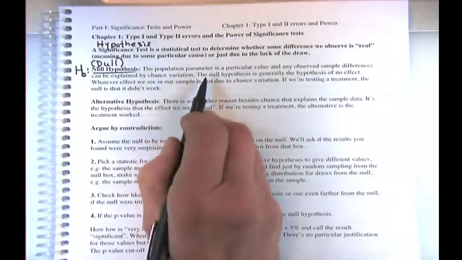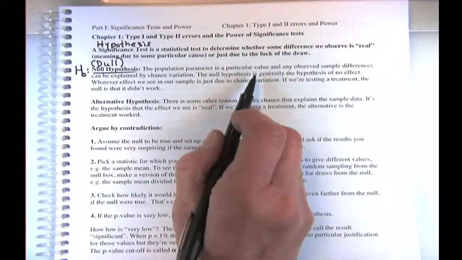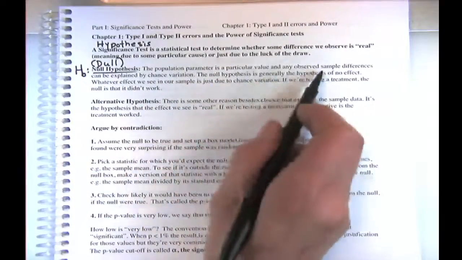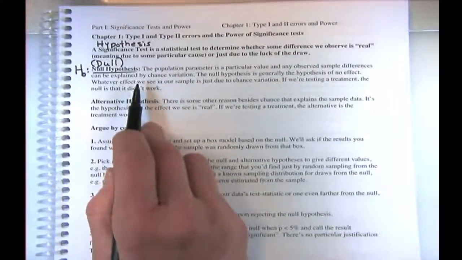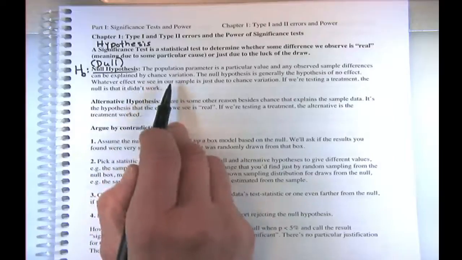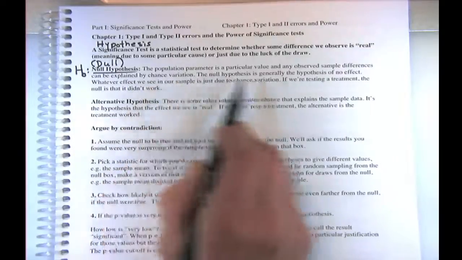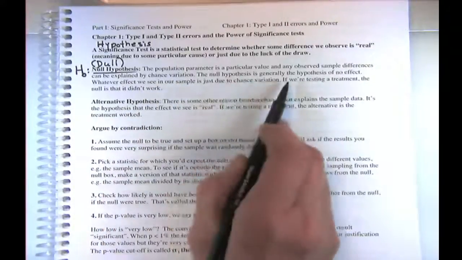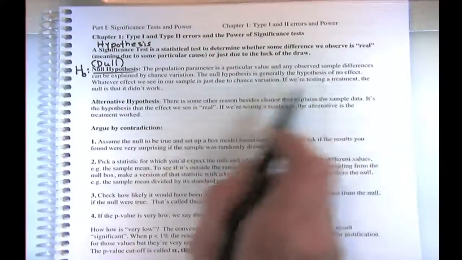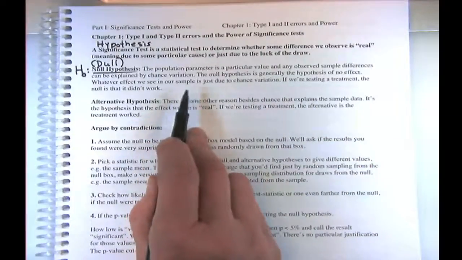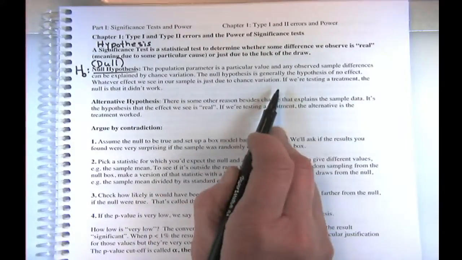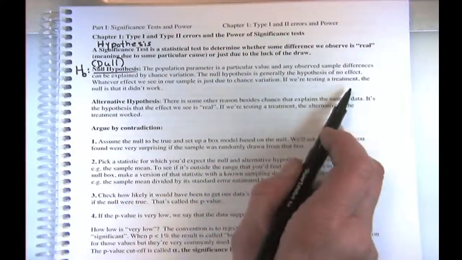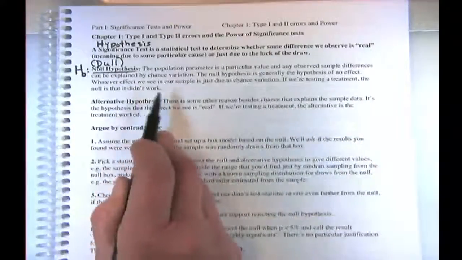The population parameter is a particular value, and any observed sample differences from that value can just be explained by chance variation, the luck of the draw. So the null hypothesis is generally the hypothesis of no effect. Whatever effect we see in our sample is just due to chance variation. So if we're testing a treatment, the null is that the treatment didn't work.